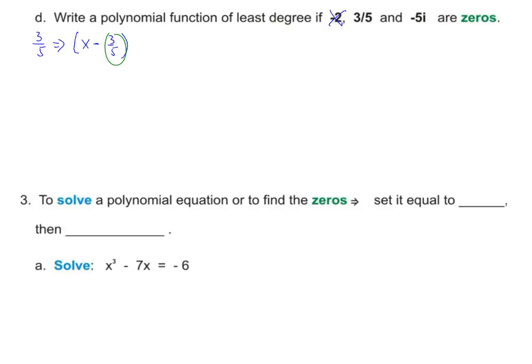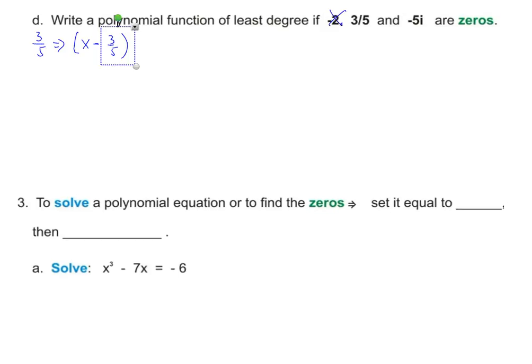To get rid of that fraction is the same concept as in any situation of getting rid of fractions. If I multiply this by 5/1, I can also multiply that by 5/1. I'm just going to get rid of that bottom 5 denominator.